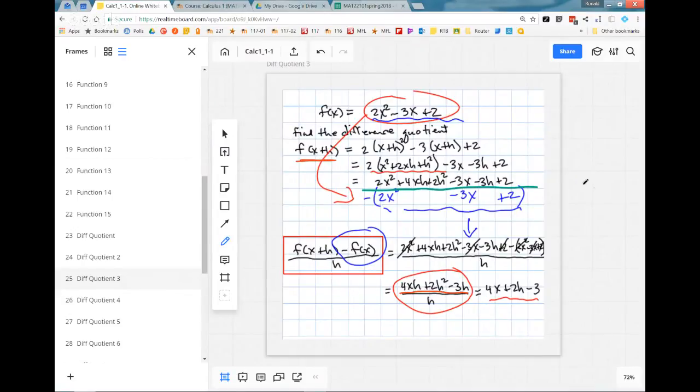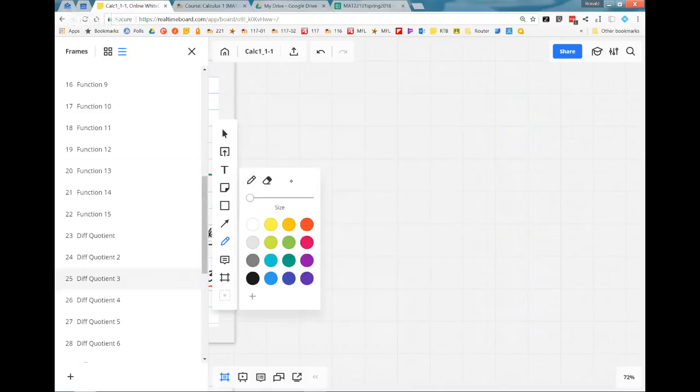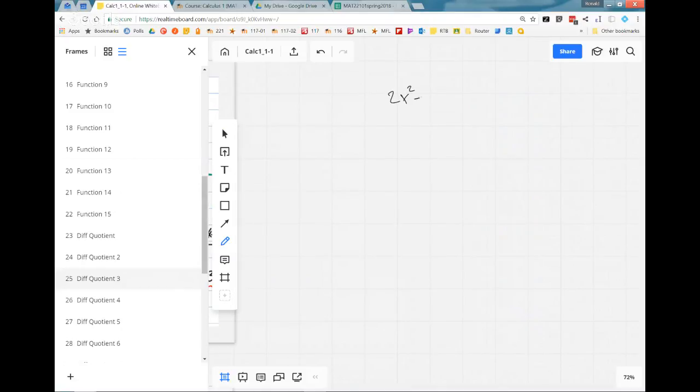2x squared minus 3x plus 2. Well, let's do that one. I don't know if that was a plus 2 or a minus 2, but it doesn't matter. Here's our example. The goal, find the difference quotient. Okay, so we know by now we need to start by finding f of x plus h.